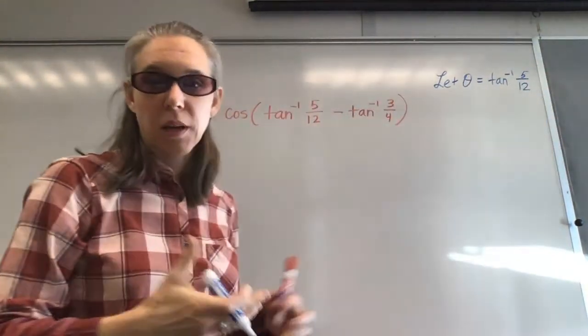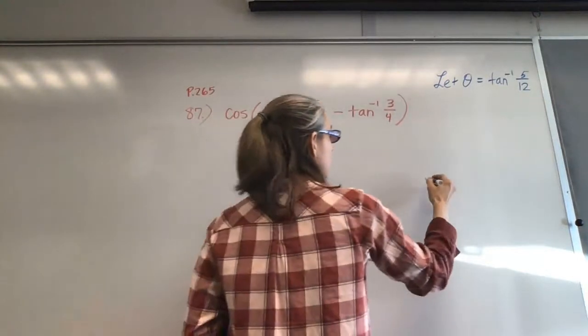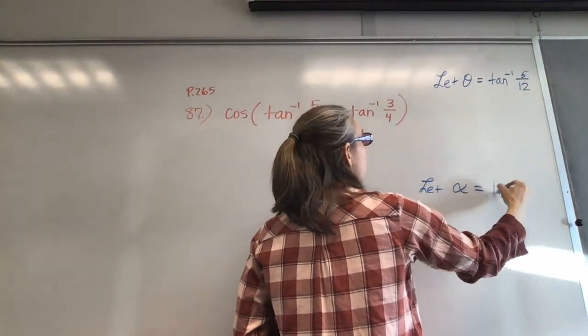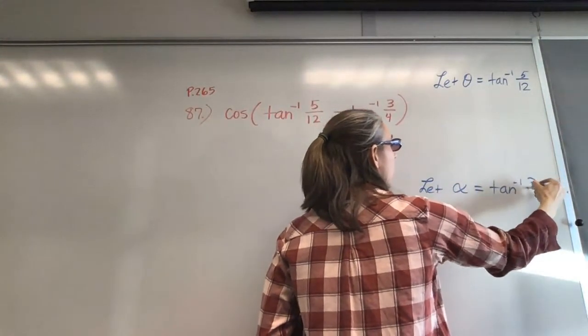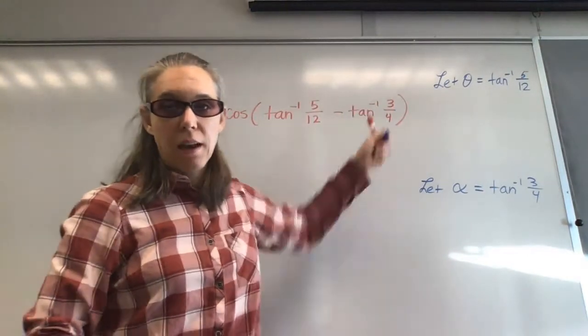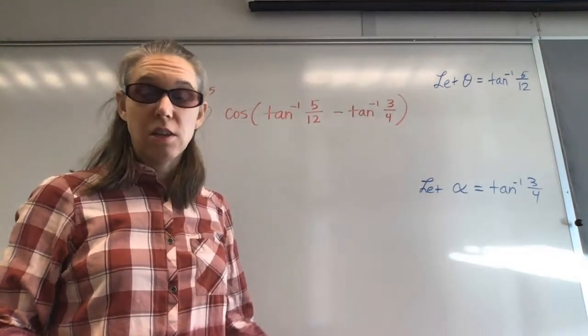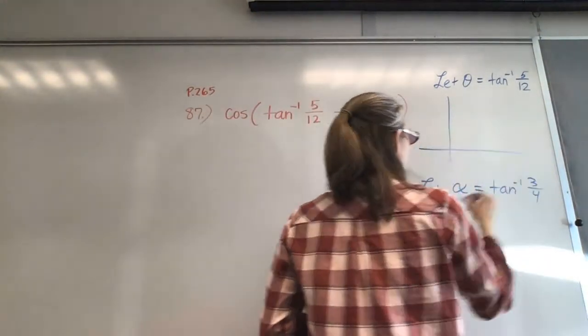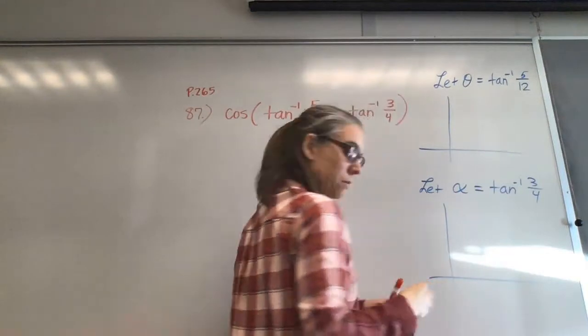And then I will pick another variable. So let alpha equal tan inverse of 3/4. So I have theta representing the first angle and alpha representing the second angle, and then each of these will need their own triangle. These are both first quadrant triangles.